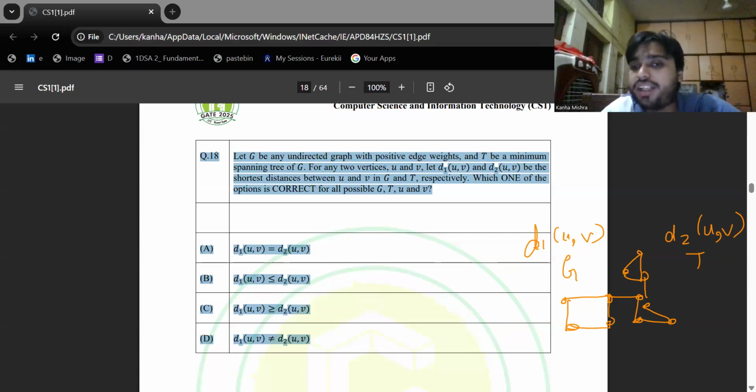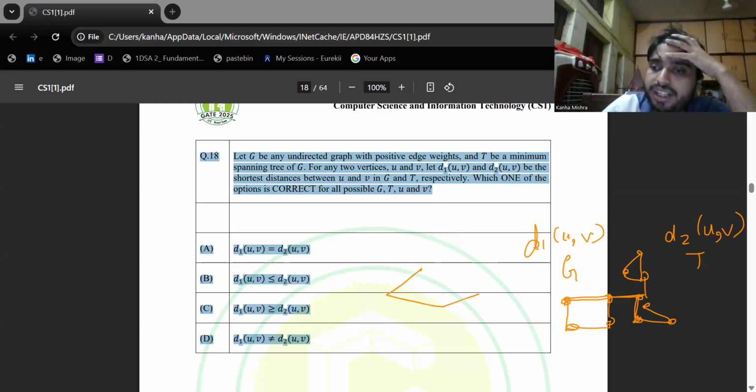In the MST they are not equal. You cannot say that the minimum distance in a graph will be equal to the minimum distance in an MST. Why do I say that? Let's say I want to reach from here to here, and I will go this way. At the same time, let's take a more complex graph with inner cycles.